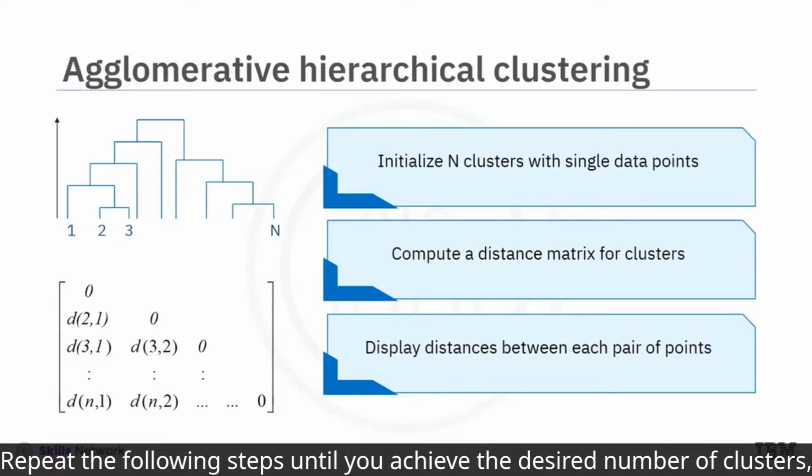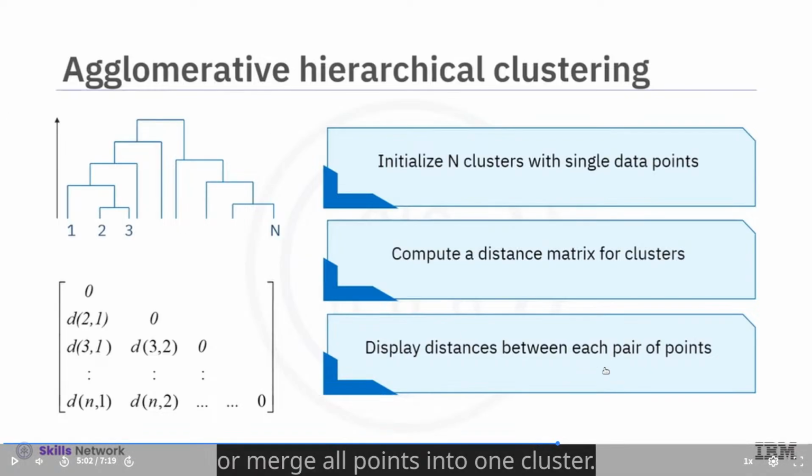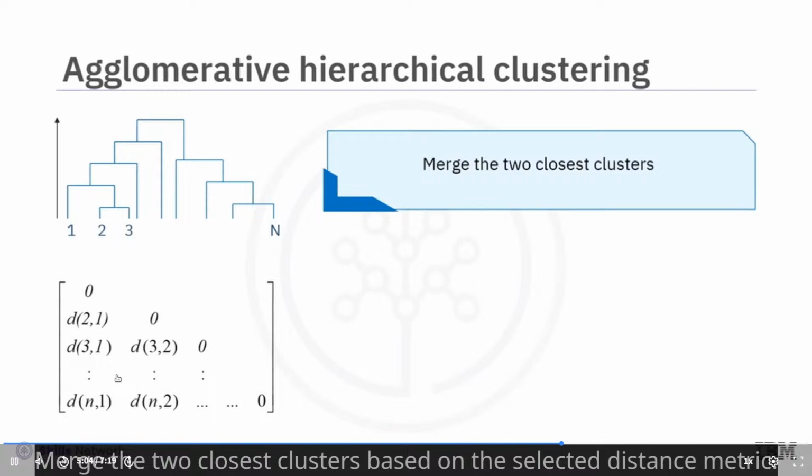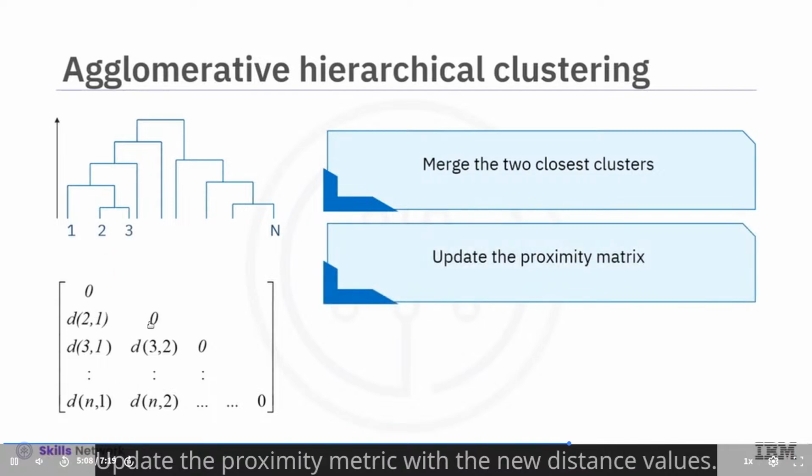Repeat the following steps until you achieve the desired number of clusters or merge all points into one cluster. Merge the 2 closest clusters based on the selected distance metric. Update the proximity matrix with the new distance values.